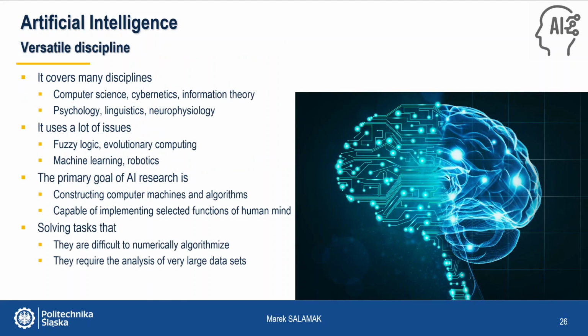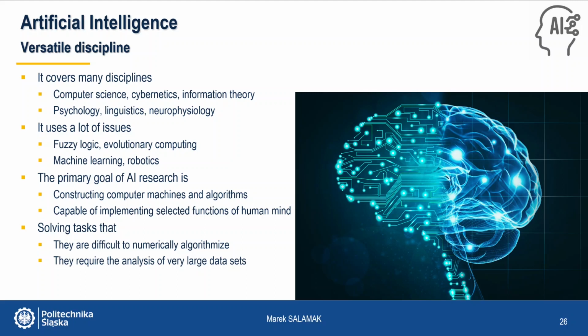Today, artificial intelligence is a comprehensive discipline that encompasses computer science, cybernetics, information theory, psychology, linguistics, and neurophysiology. It uses, among others, fuzzy logic, evolutionary computing, machine learning, and robotics.